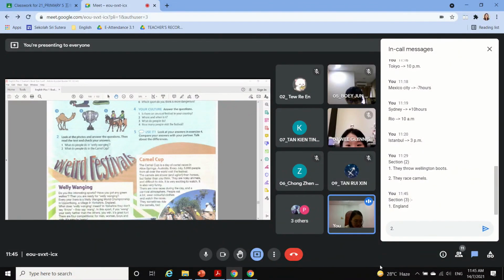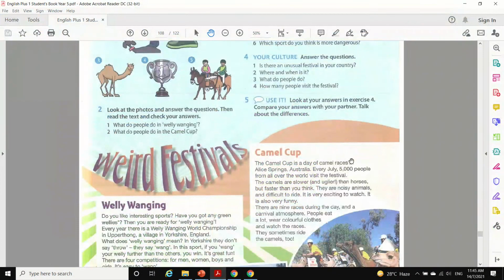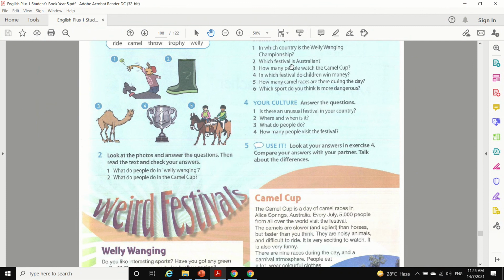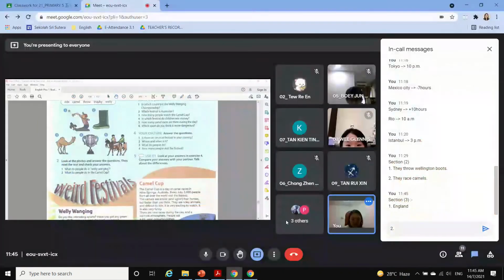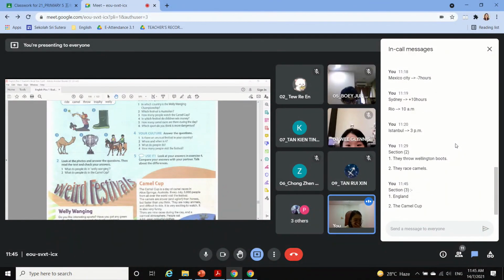Next, number 2: which festival is in Australia? What festival do they celebrate? The Camel Cup.